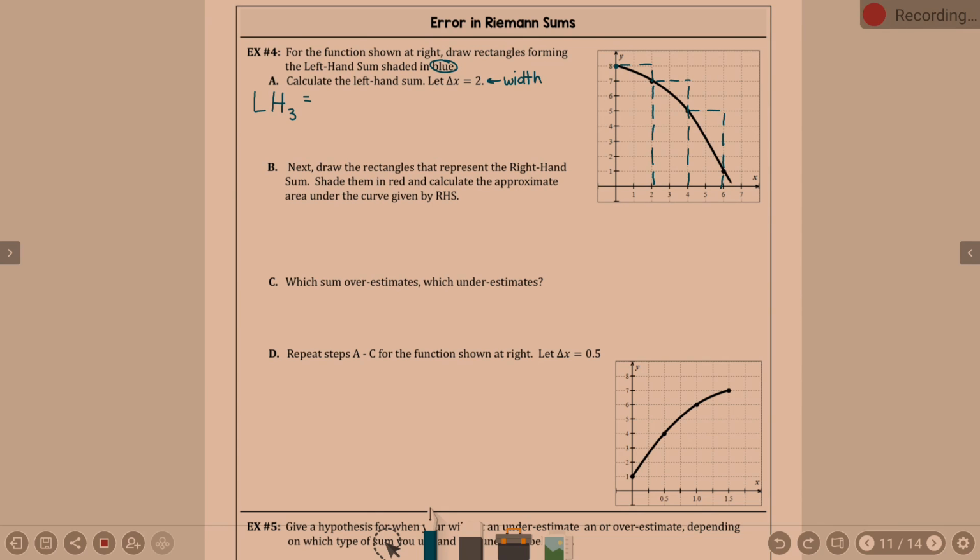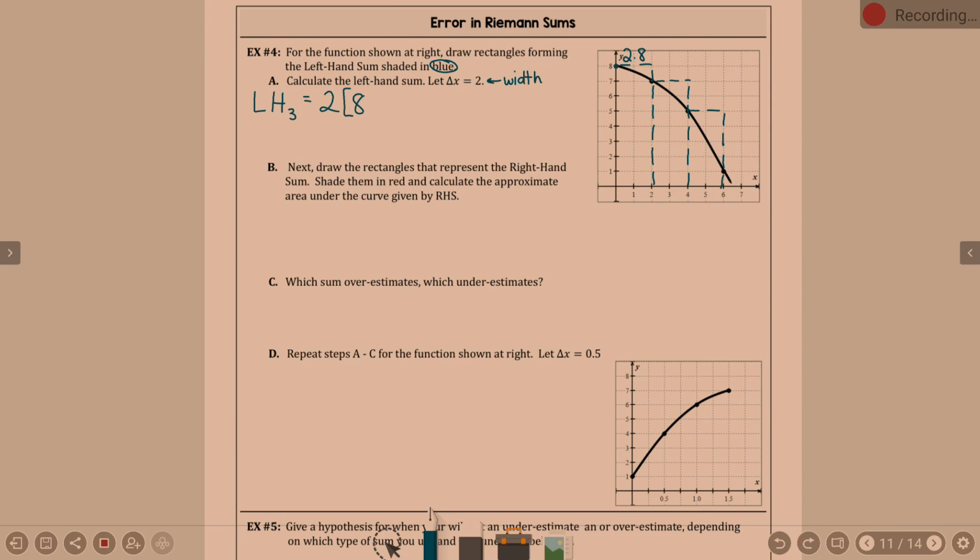So they're all going to be 2 times some height, right? So what's often done here is you'll see a 2, because that's your delta x, your width, times, and then we'll do the heights and add those up. What's the height of the first one? 8. So for this first one, we're going to do 2 times 8, right?